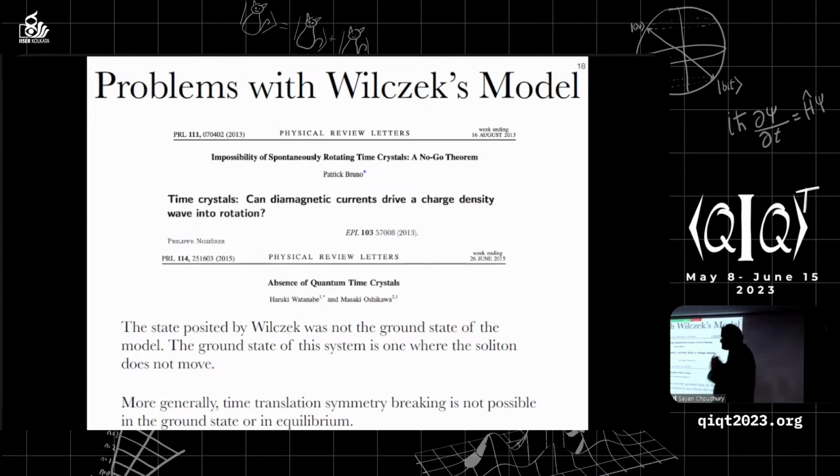So with this series of works, Wilczek first proposed this in 2012, and then in 2015 this work by Watanabe and Yoshikawa seemed to be the last nail in the coffin for time crystals. But the idea was still very exciting: can you actually realize a system which would be able to sustain infinitely long oscillations, okay? And of course, yes.